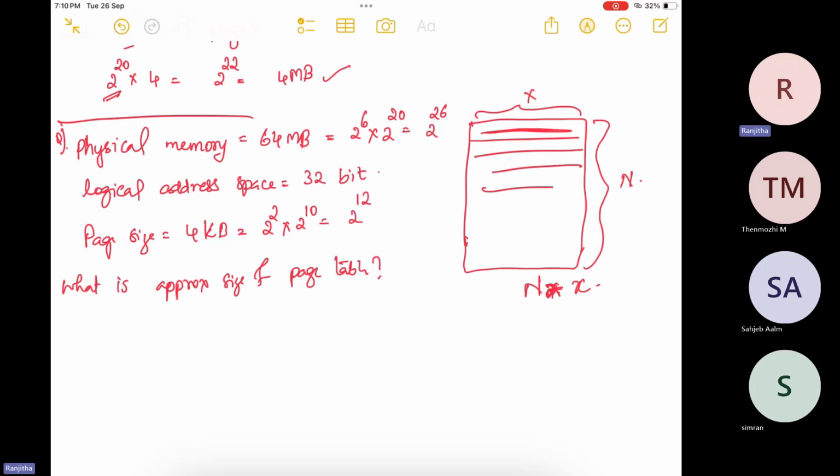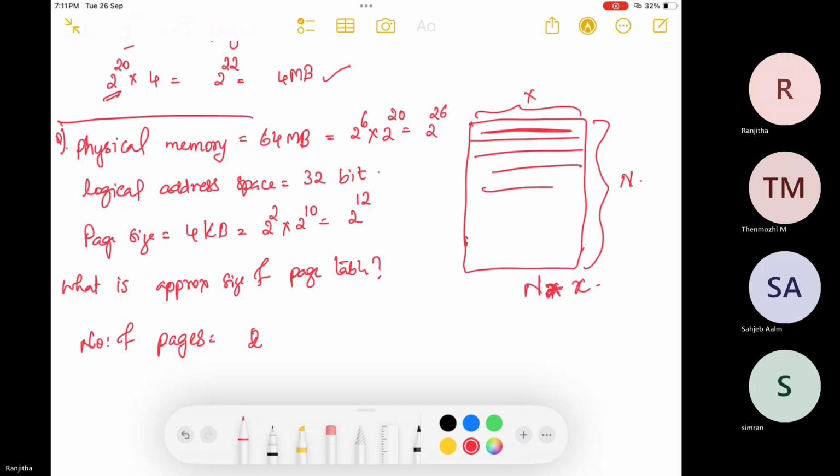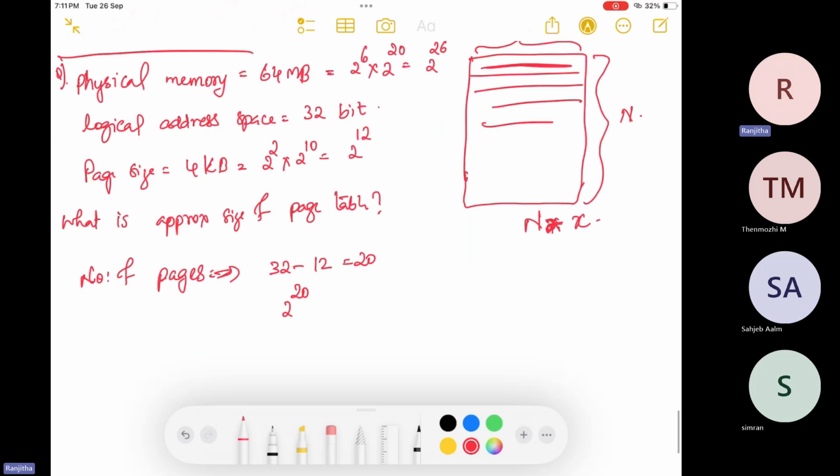So the number of pages will be 2 power 32 minus 12, which is 20. So 2 power 20.